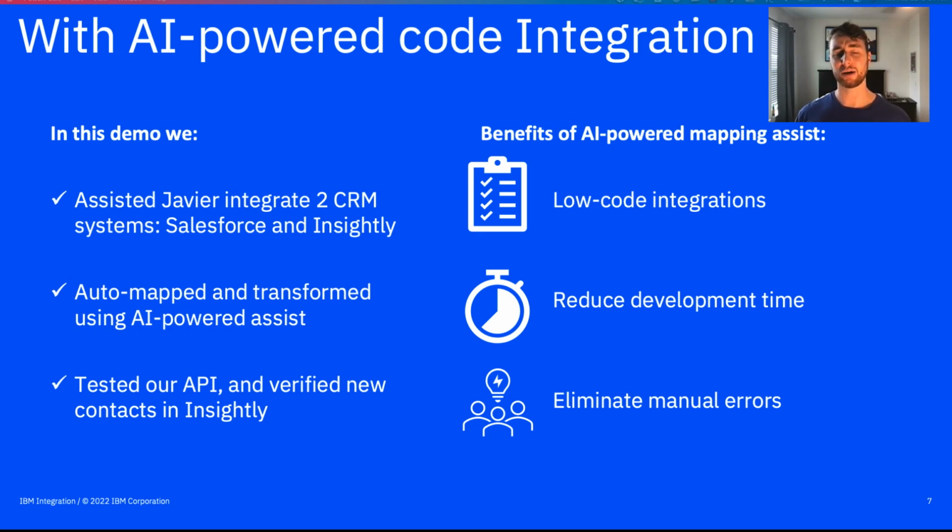And also, something we talked about a bit, the pre-built connectors save you all the time from having to get in the weeds and building out something to link those two flows. You can just drag and drop connectors into your integration and you're done in a flash. And finally, eliminate manual errors. By automating these mappings, you can eliminate a lot of manual errors in the process.